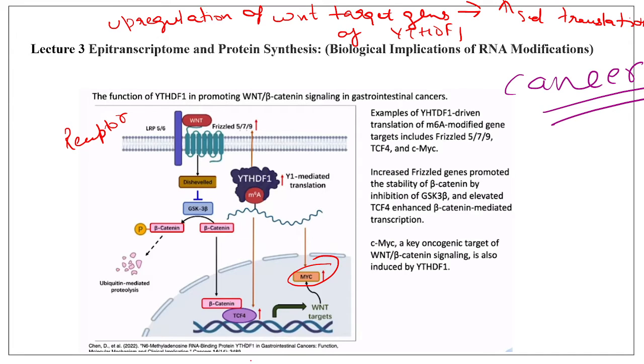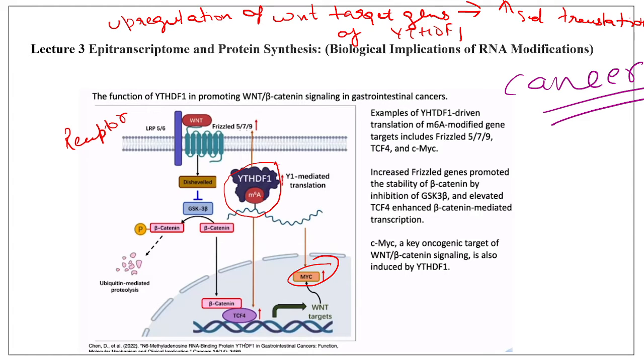So ultimately, if the M6A modification is present, then the reader will come and read the modification. That means the reader comes only when this modification is present. Now this Wnt signaling will go on and transcribe the target genes.